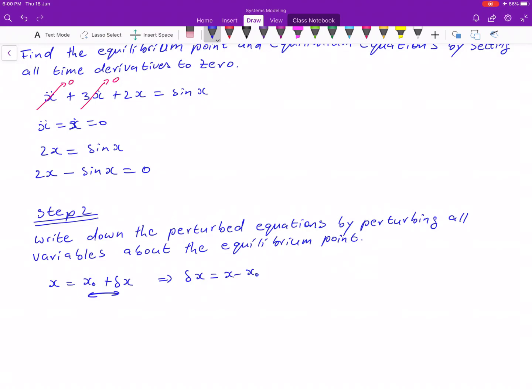So hence we can substitute this into our original equation. Substitute the perturbed variable into the original differential equation.